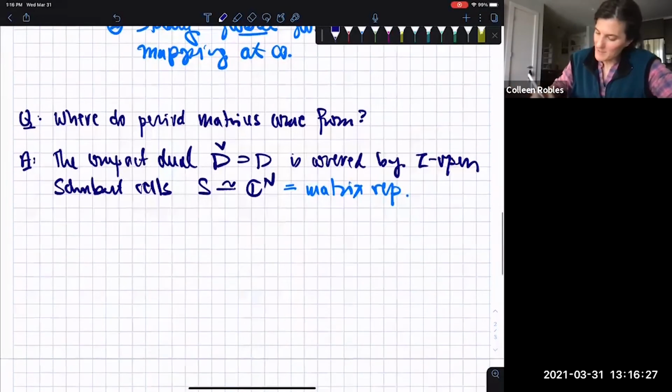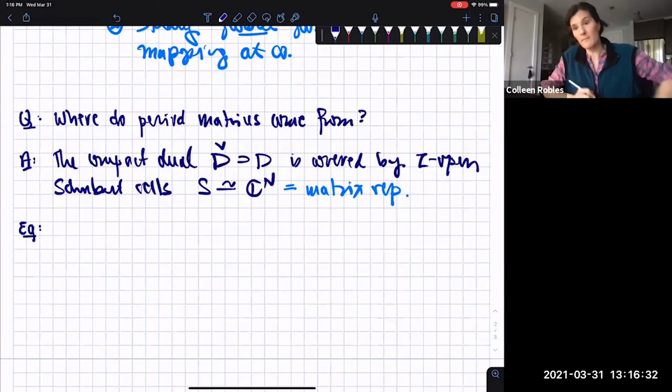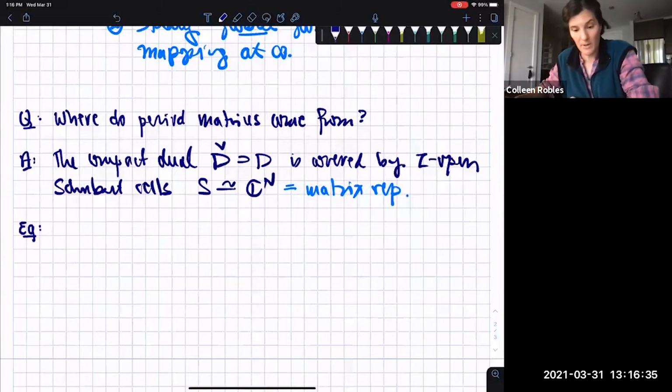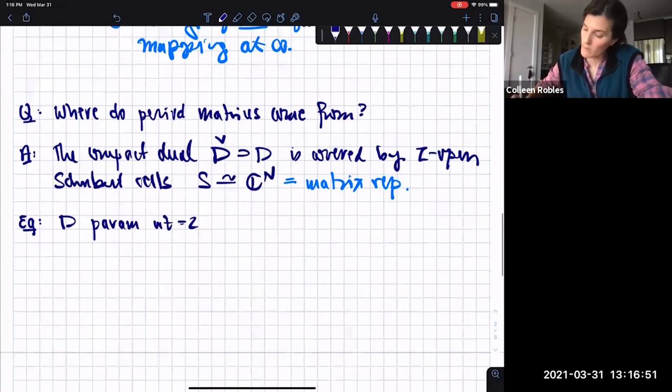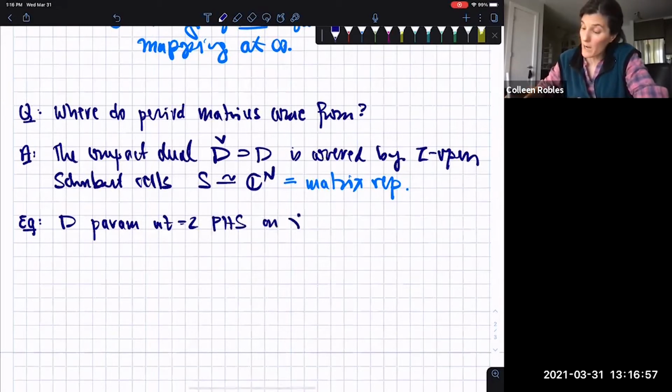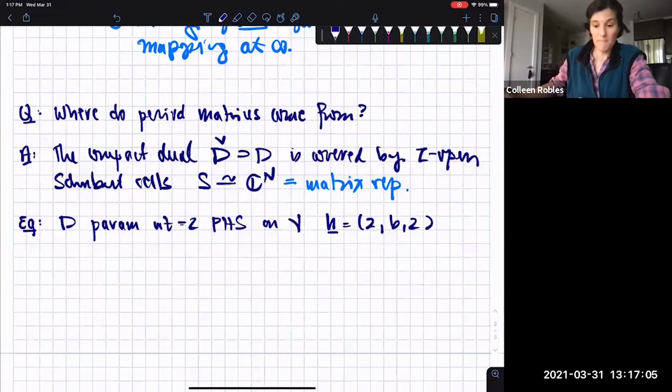Okay, so let me just give you one more example. And I'll come back to this one so we can talk about a non-Hermitian example later, but to give you a feel for how this works. So maybe we could take the period domain, which parameterizes weight equal to 2 polarized Hodge structures on some rational vector space V, and let's say for convenience that the Hodge numbers are 2, B2.